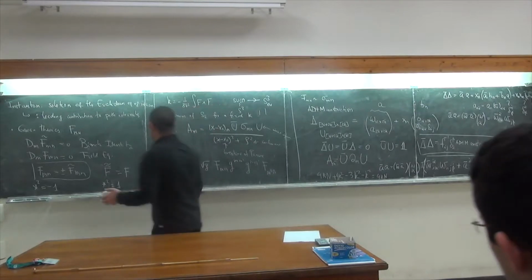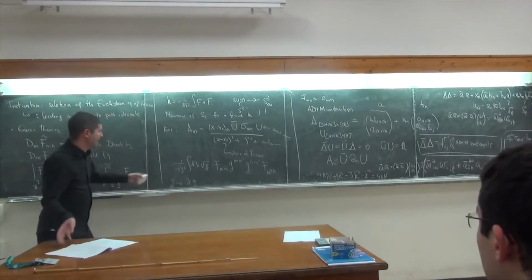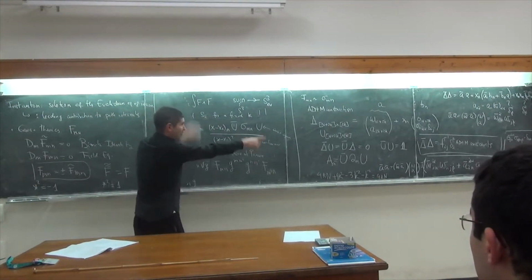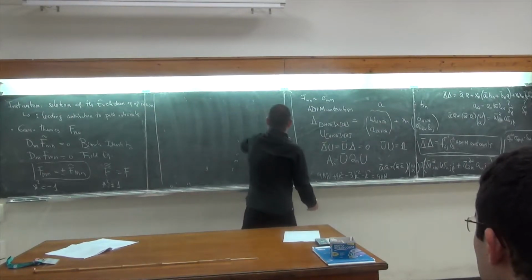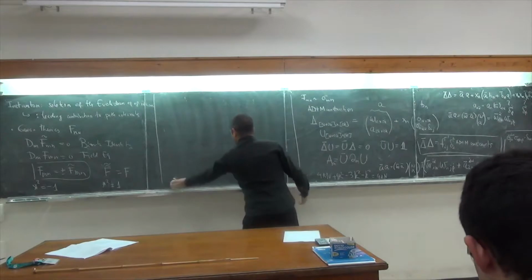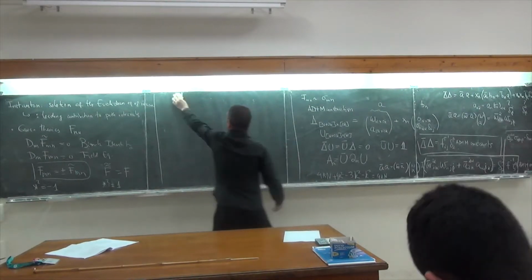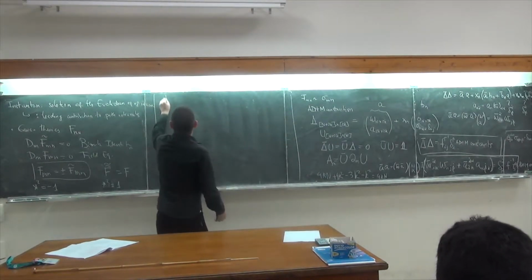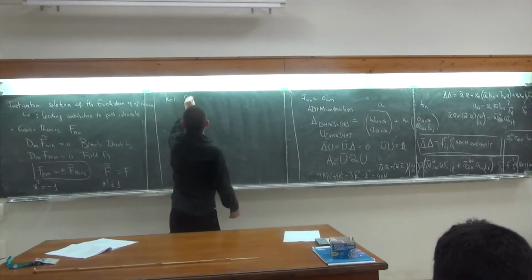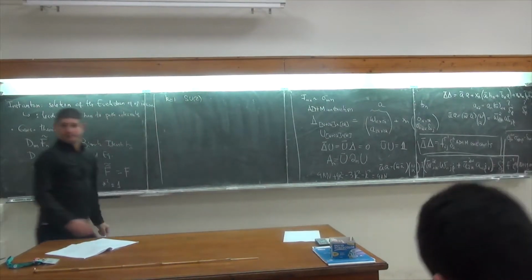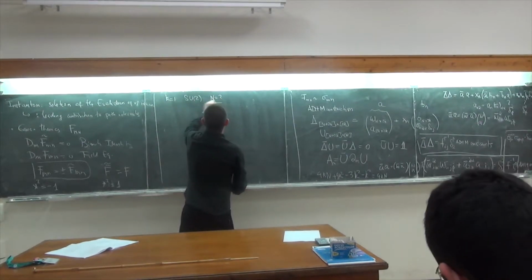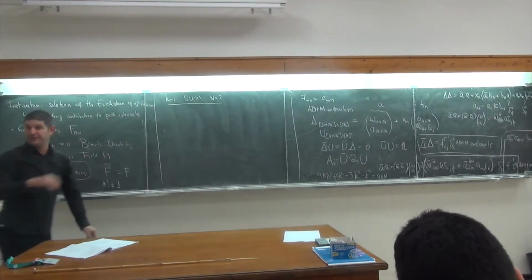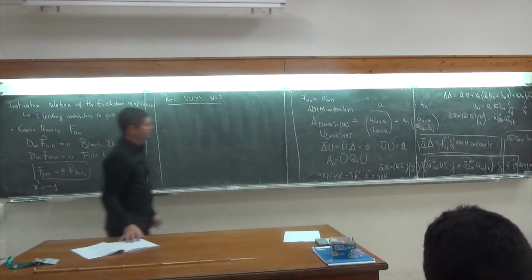Okay. Now, let's do the simplest case, k equal to 1. This is just to show you how you can, in general, proceed. Let's say we want to now reproduce the solution we saw yesterday, for k equal to 1, n equal to 2. We want to reproduce this construction.